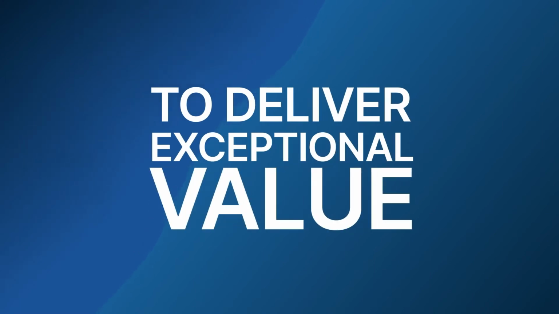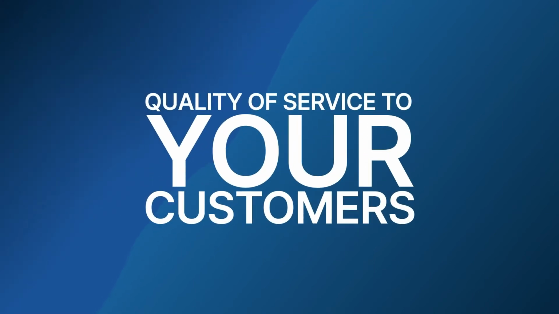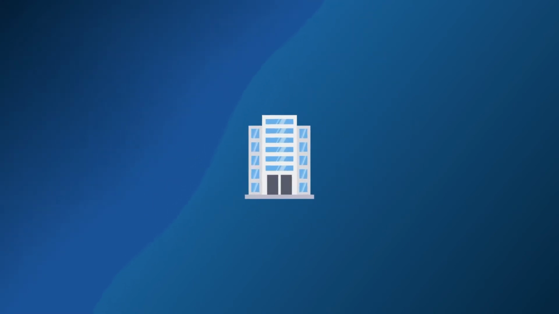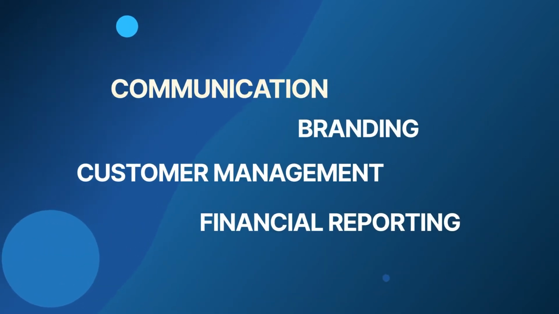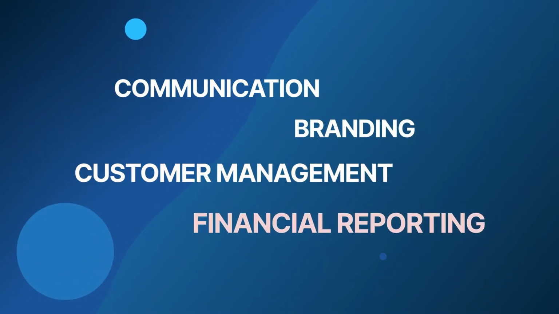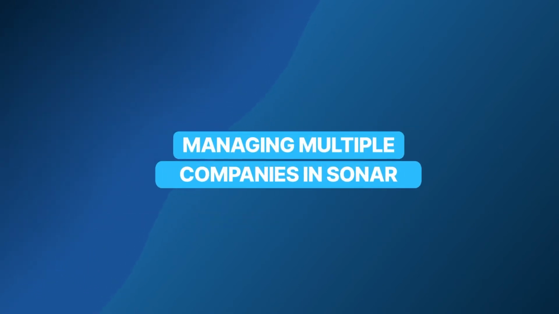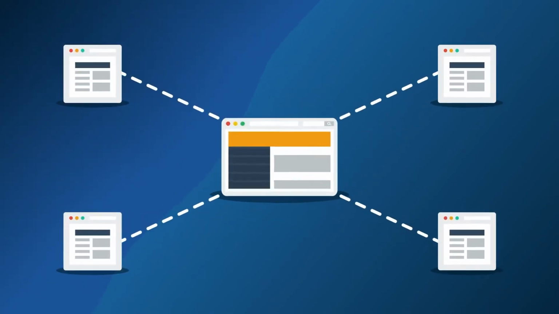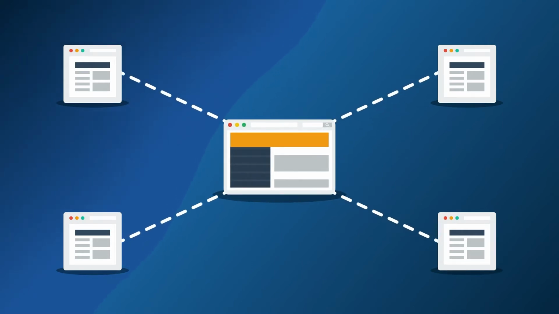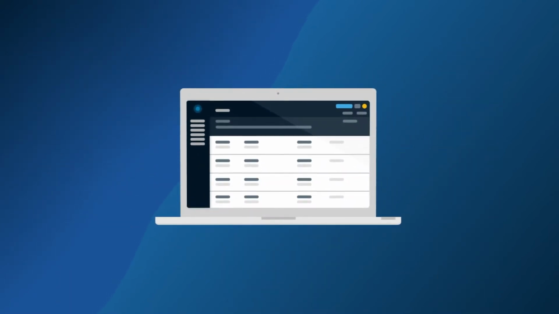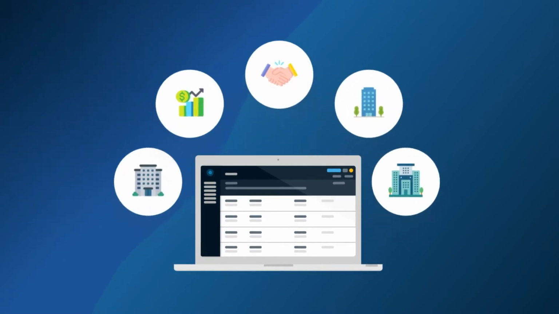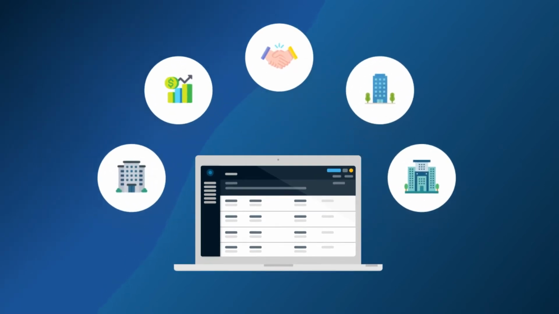To deliver exceptional value and quality of service to your customers, your organization needs to be on the ball when it comes to communication, branding, customer management, and financial reporting. When you have multiple organizations as part of your enterprise, you need software that can keep track of them. With Sonar, you're able to add each organization, department, or division as a new company.